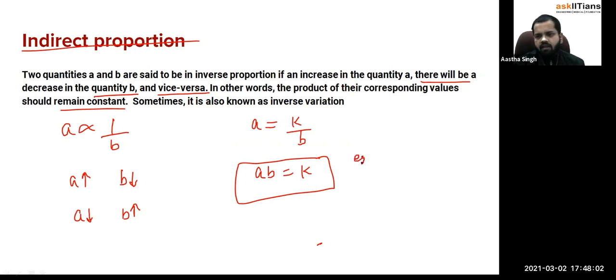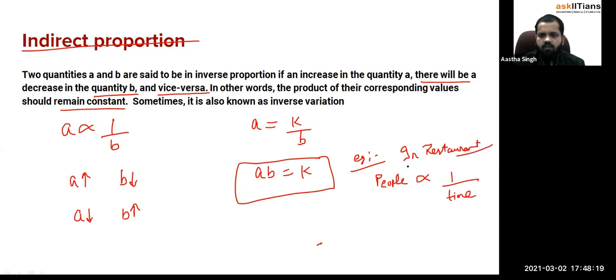For example, the earlier example: the number of people hired is inversely proportional to what? To time. If the number of people increases, then the time taken to complete that job will decrease.